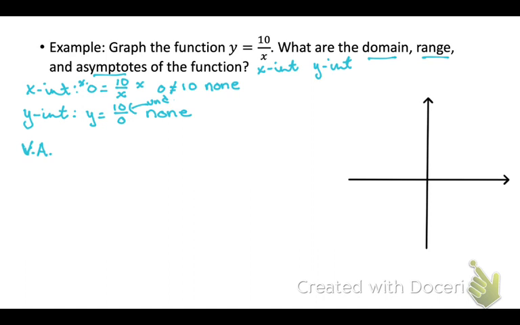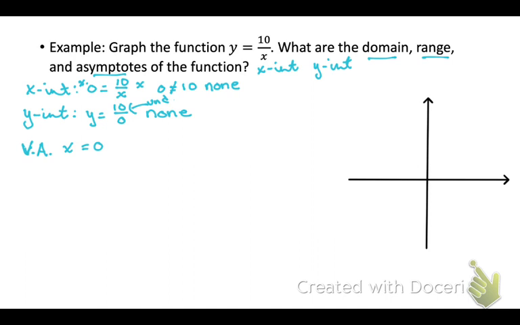And we have a fraction. The only thing that the denominator cannot be is 0. So all you do is set the denominator equal to 0 and you find the vertical asymptote. What is the denominator right now? x. So x equals 0. The vertical asymptote is at x equals 0.